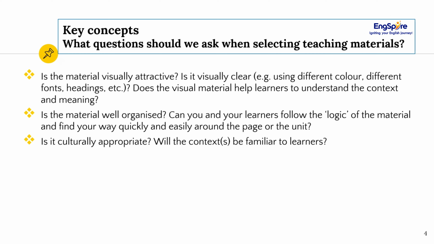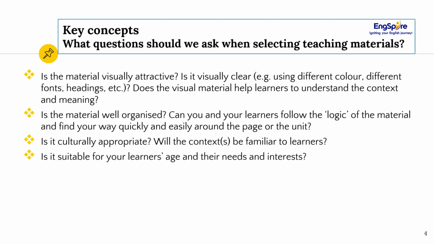In that case, a teacher might need to change the context or replace the text with something more neutral and culturally comfortable. For example, a text about friendship, family relationships, or celebrating a festival together. Another important question: is it suitable for the learners' age, needs, and interests?